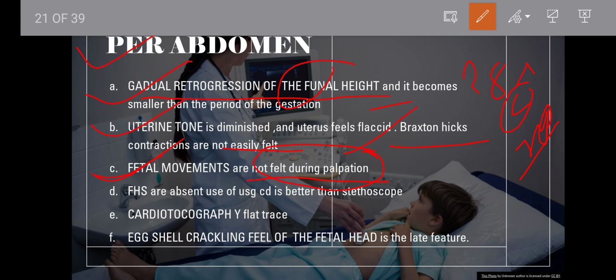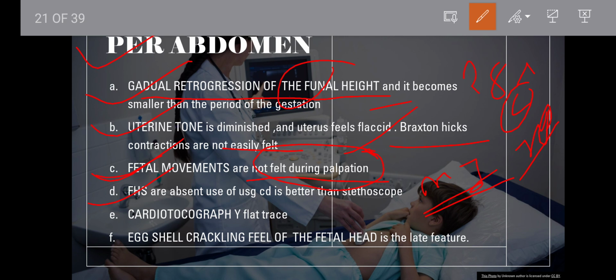Fourth one is fetal heart auscultation. On per abdominal examination, you don't find fetal heart sounds. This is the most important finding. During the per abdominal examination, you don't find fetal heart all over the abdomen.